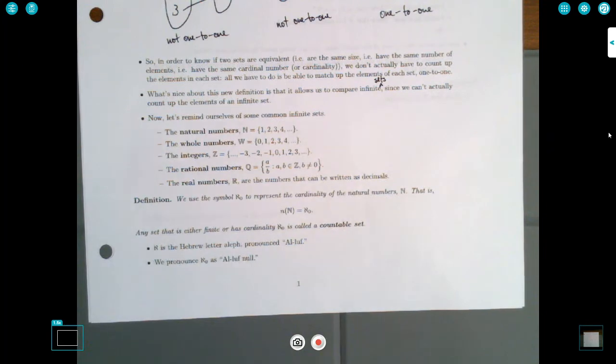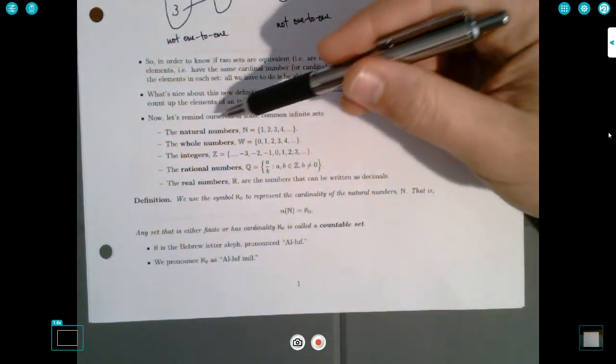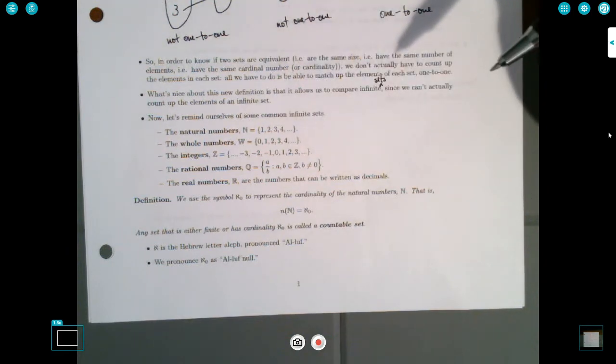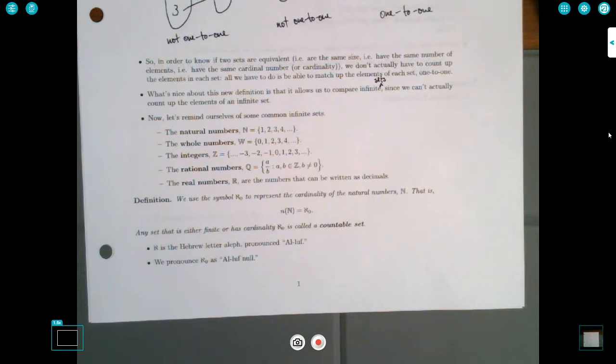So it should be pretty obvious that the set of natural numbers is an infinite set. This thing keeps going on and on and on forever. You can never find a biggest number, because let's say that you found a biggest number and you called it kazoo. I'm just making stuff up. Well, you could always find the next number.